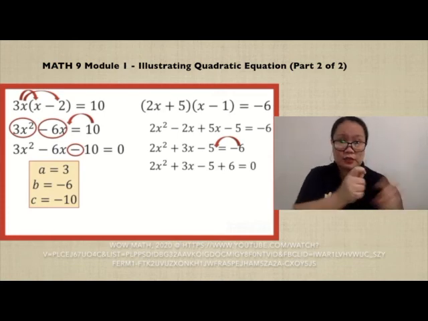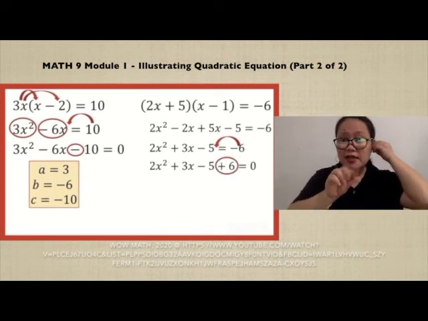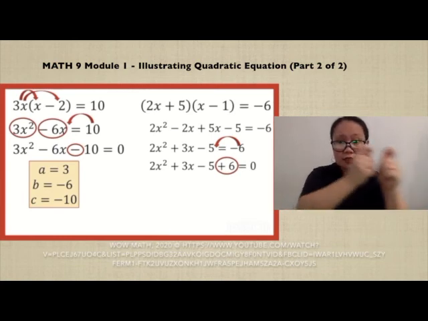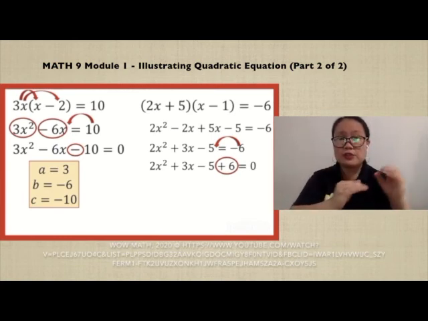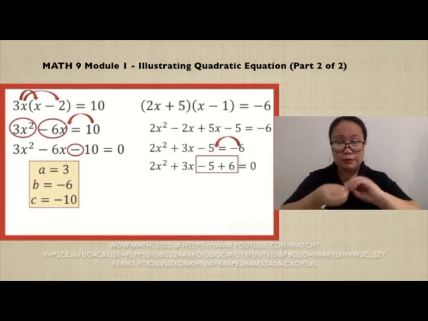So, magiging 2x squared plus 3x minus 5 plus 6, remember, negative siya. So, pag nilipat natin, magiging positive 6 is equal to 0. Now, since meron tayong dalawang constant term, we will combine these two.